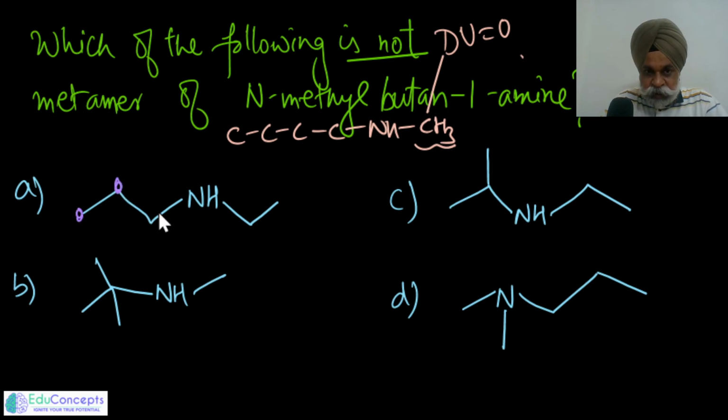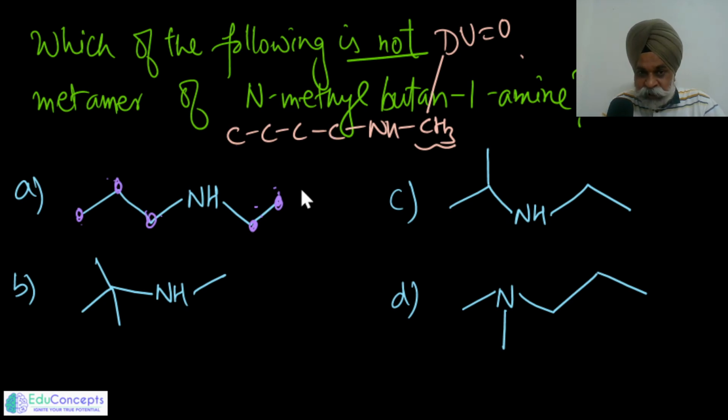So these are the 3 carbon atoms. How many carbon atoms do we have? 1, 2, 3, 4, 5. So this is not a metamer, because it is not even an isomer, because it is 5 carbon atoms, 1, 2, 3, 4, 5. Here also it is 5, so it is perfectly right.